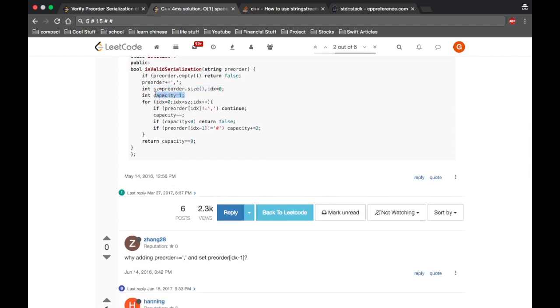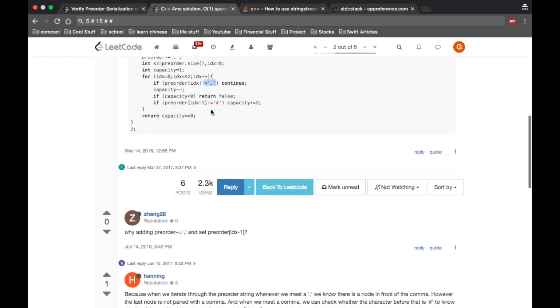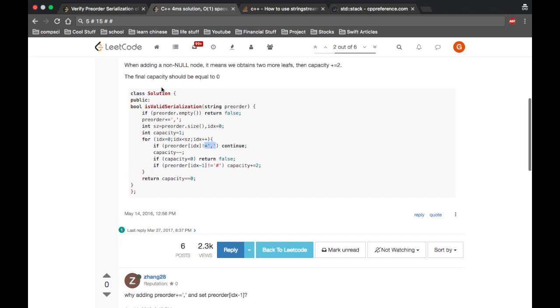So capacity is equal to 1 at first. Then they loop through the whole string, and we just keep going until we hit a comma. Afterwards, we hit a comma, regardless if it's null or a number.